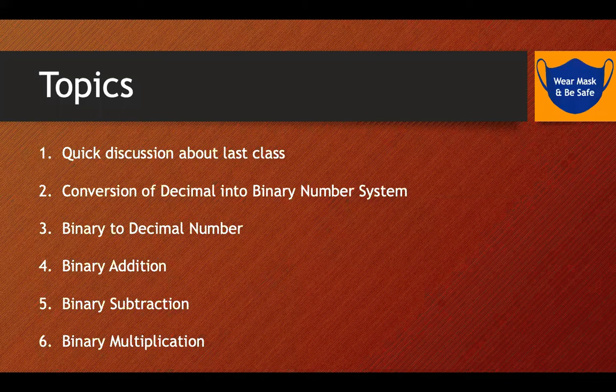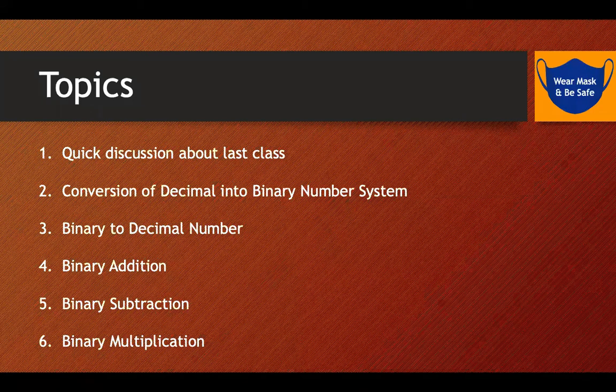Then after that we discussed binary number system, in which there are only two digits, 0 and 1. After which we discussed octal. In octal, there are 8 digits, from 0 to 7.